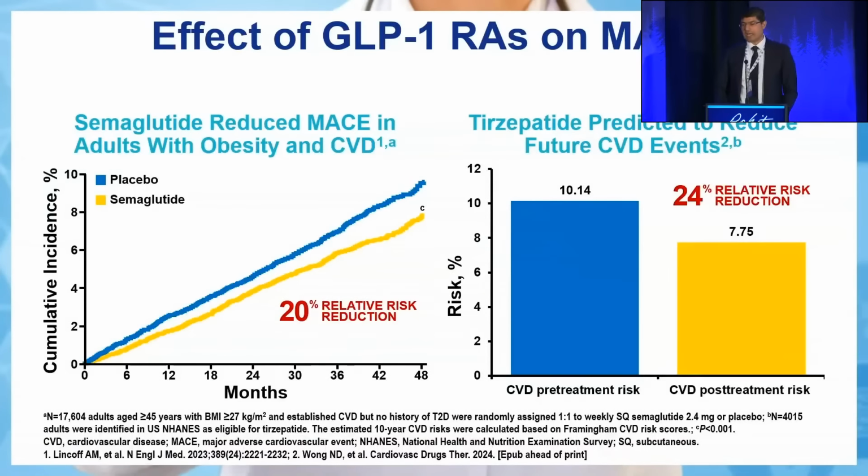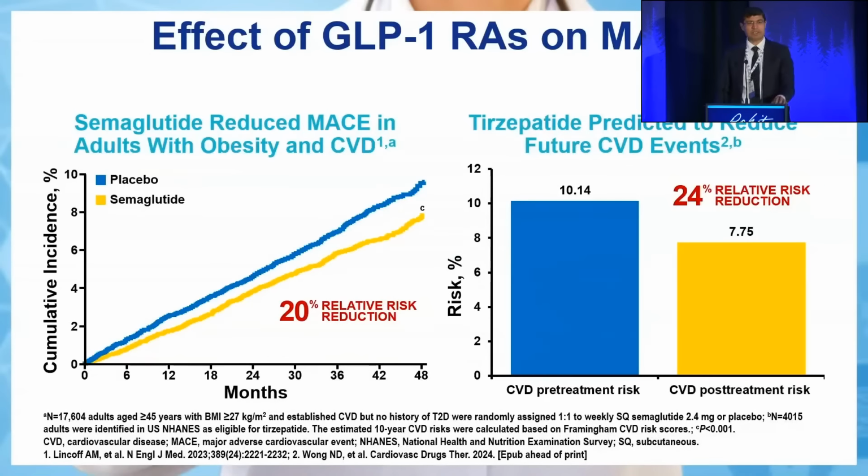Now, if you look at GLP-1 analogs and their impact on cardiometabolic outcomes, here we can see the risk reduction compared to placebo with semaglutide over 48 months. And you can see there's a significant reduction with semaglutide in terms of CVD risk in adults with obesity.